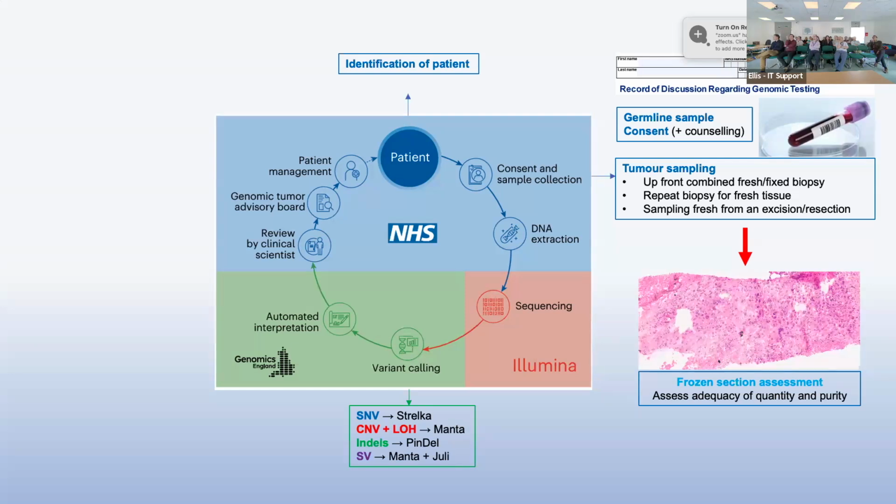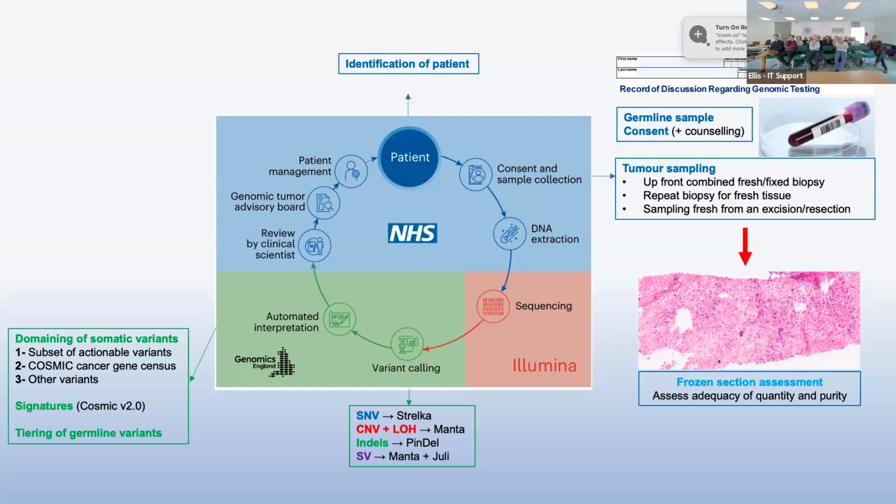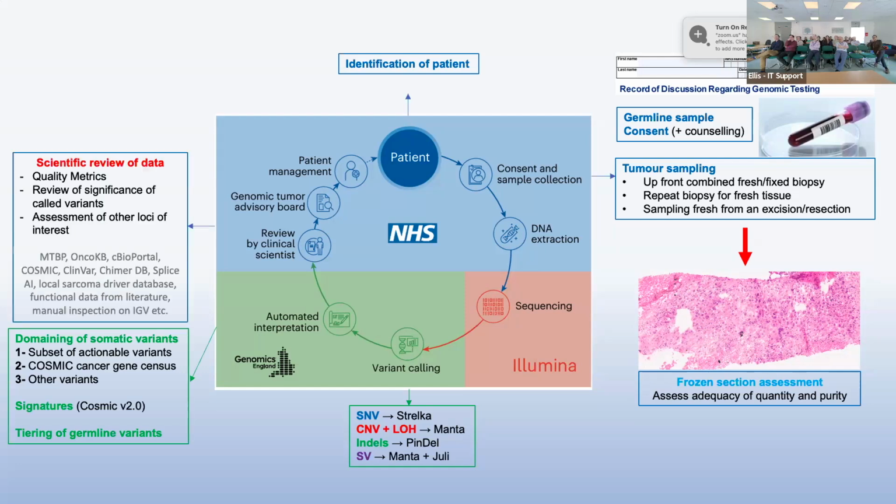It's very bioinformatically intensive, and there are various different algorithms that we use to look at the different types of variants. SNV is a single nucleotide variant, CNV is copy number changes, gains or losses, indels are insertion deletions, and SV is structural variants. This all gets returned to us in a data file, and we chew over it.